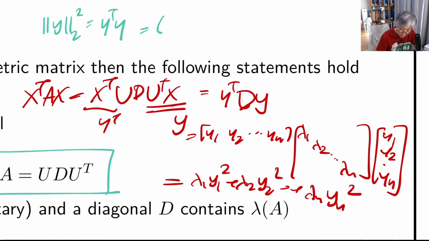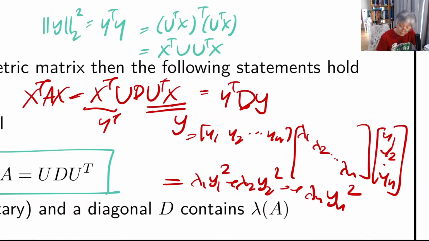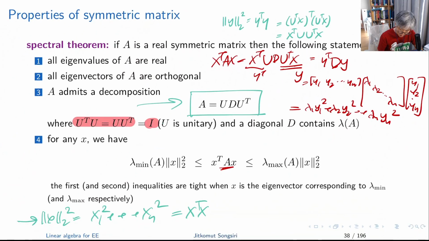But my Y is U transpose X. You do the transpose, that's going to be X transpose U, U transpose X, all right? And because U transpose U equals U U transpose equals I, that is simply X transpose X, or the norm square of X.